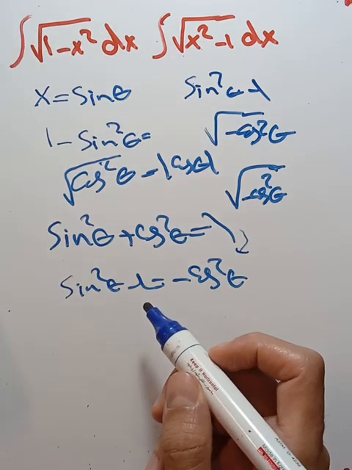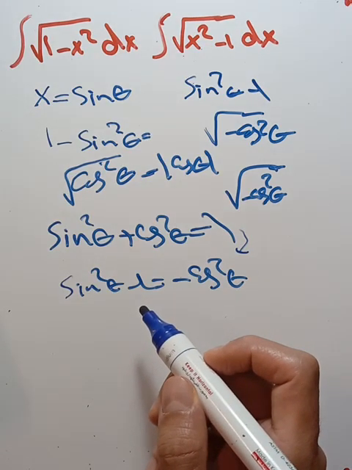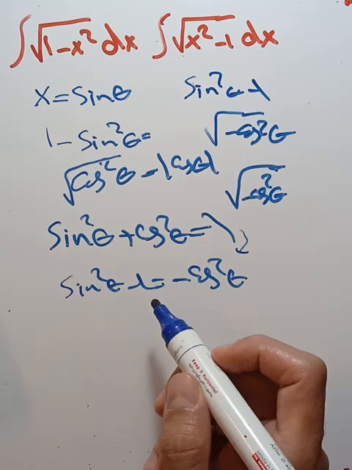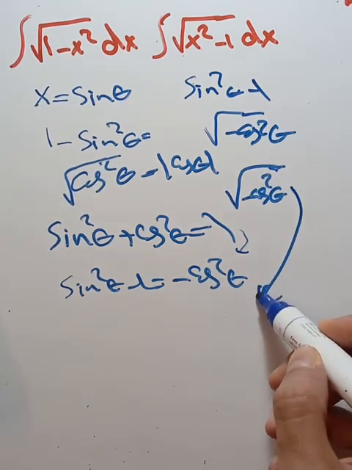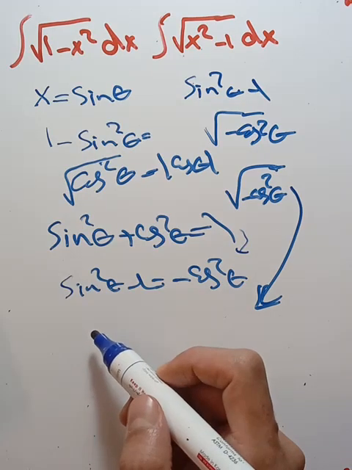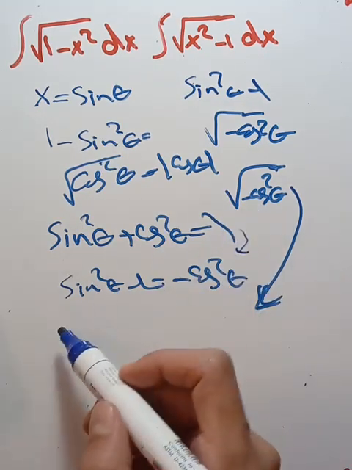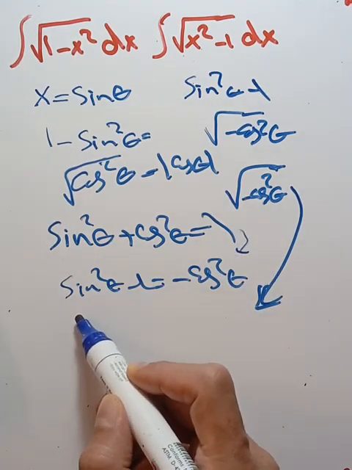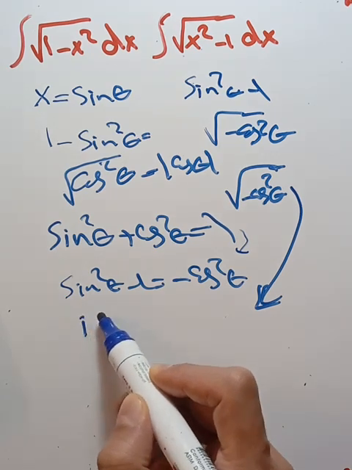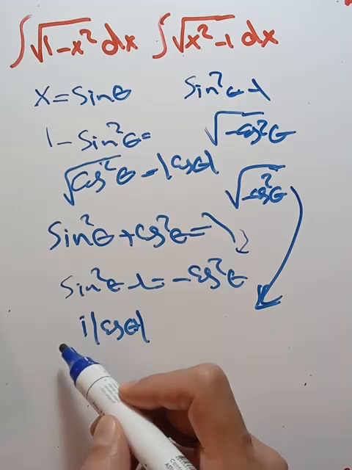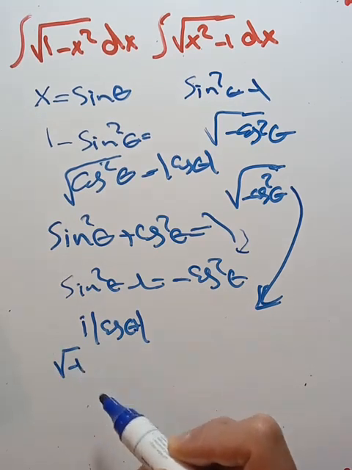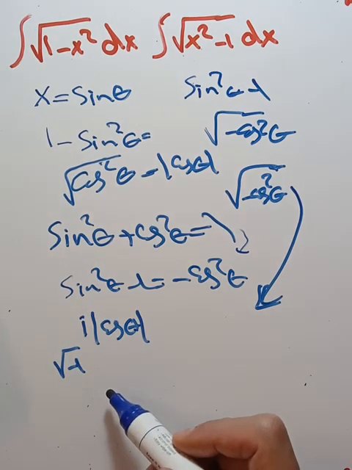And if you try to use the imaginary numbers, that would not work here, because then it would be i times the absolute value of cosine theta, and i is the square root of minus 1.